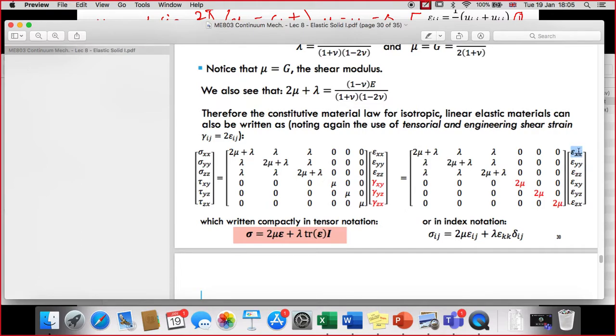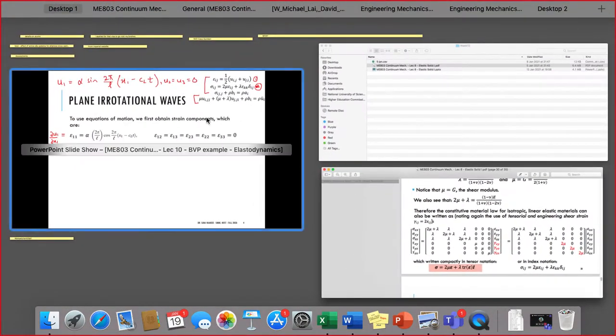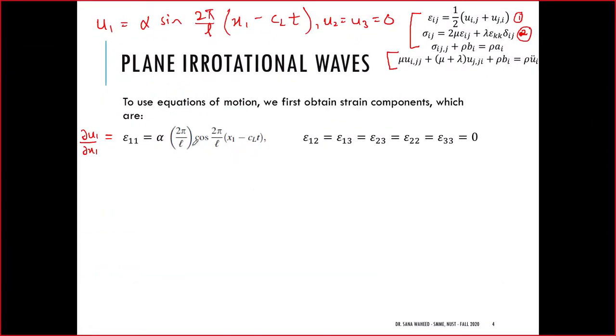If I have an epsilon xx, then what is it multiplying? This first column of epsilon xx, and in the first column it will be these first 3 terms, that's it. So I am only going to have sigma 1 1, sigma 2 2 and sigma 3 3. The rest of the sigma terms, the shear stresses, are going to be 0.